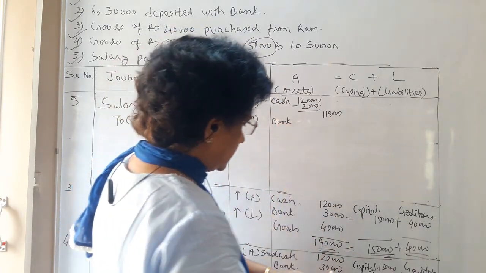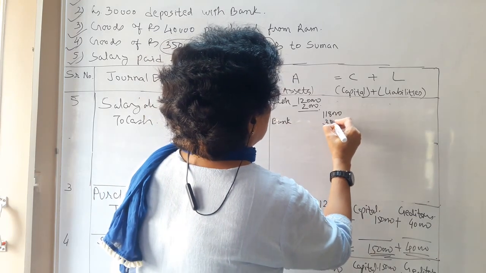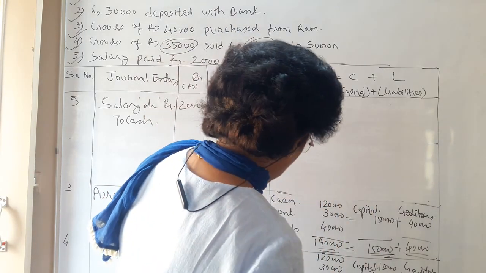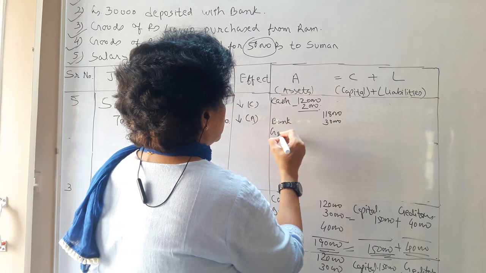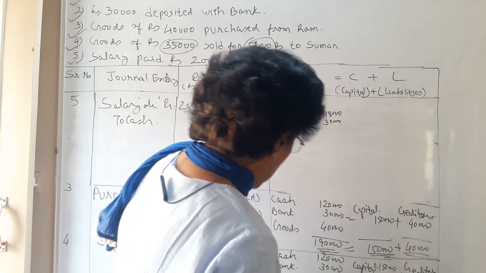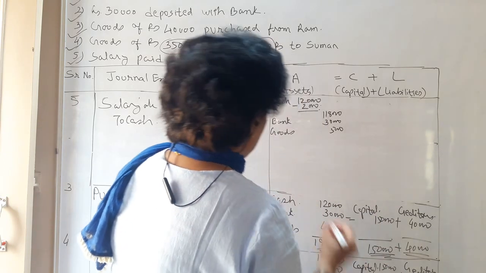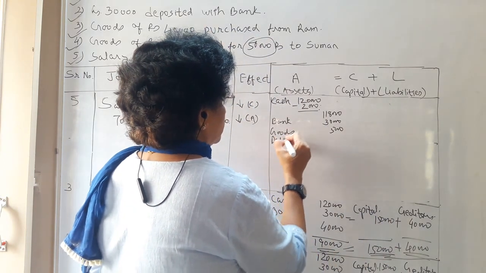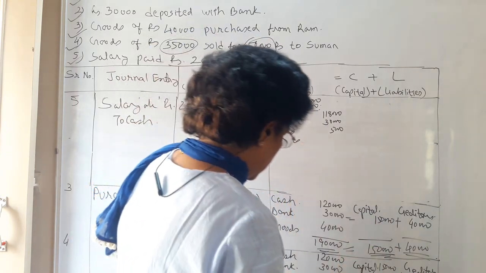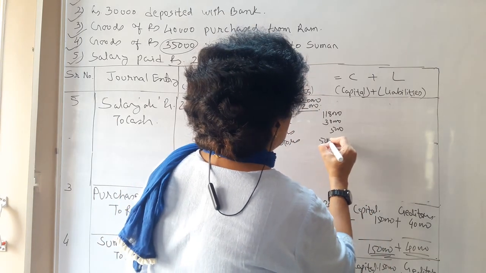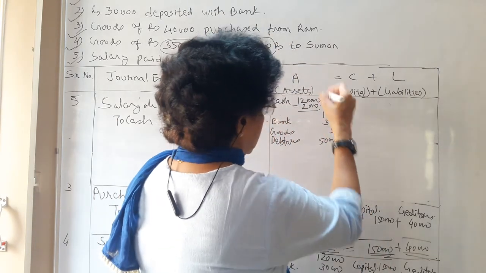There is no change in the bank, 30,000. Then you have goods. After the sale now only 5,000 is there in your hand. Then you have debtors, that is rupees 50,000. This is your asset side.